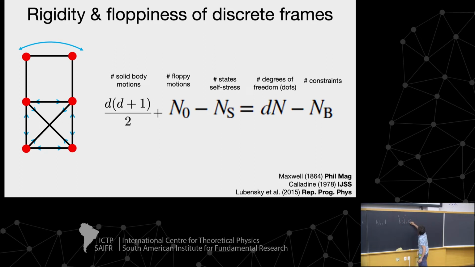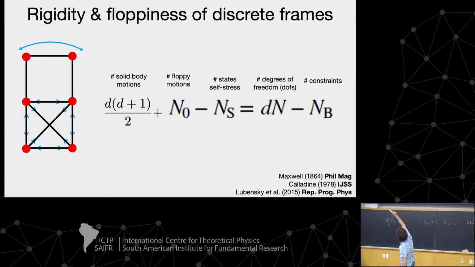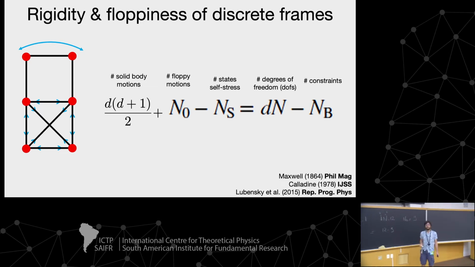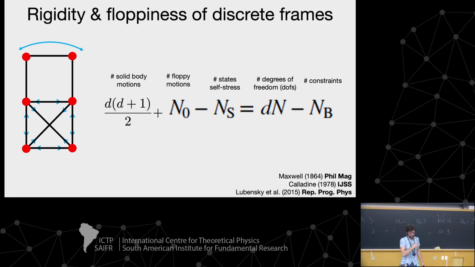So this is 12. And then NB is the number of bars, the constraints that constrain you. So here you can count how many bars: 1, 2, 3, 4, 5, 6, 7, 8, 9. Okay? And so here we have 3 plus 1 minus 1 equals 12 minus 9. Okay? So I think we're good. Okay, so that was the recap.